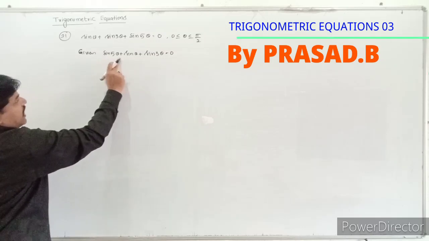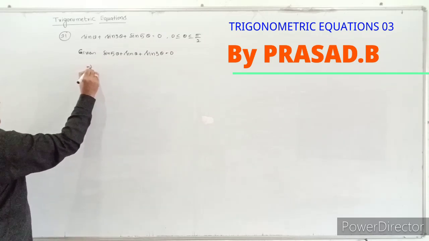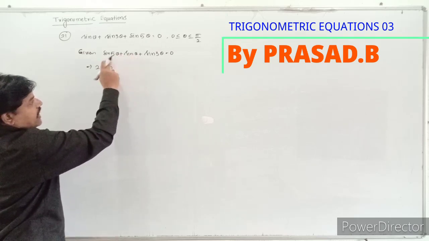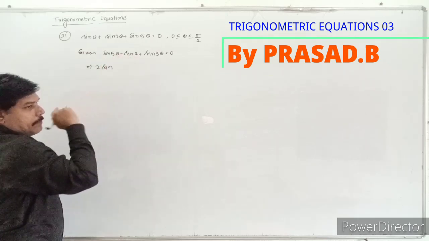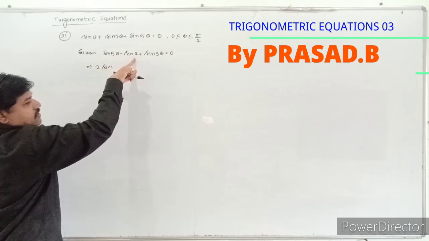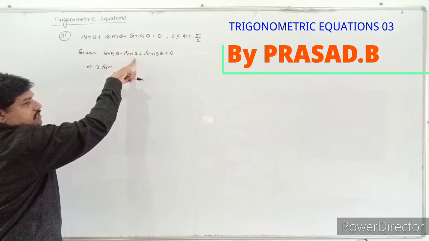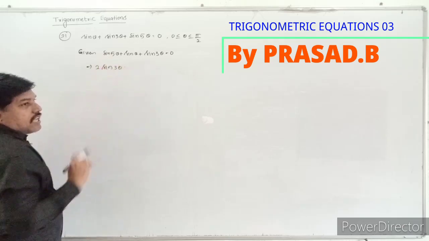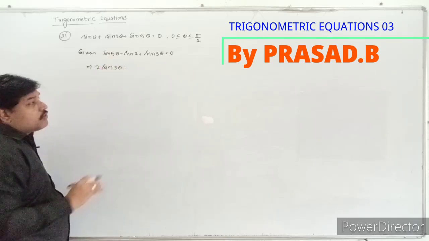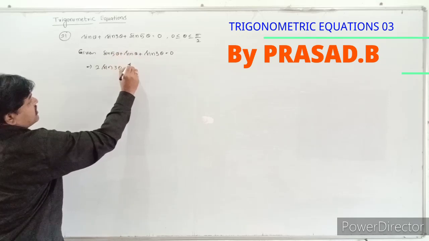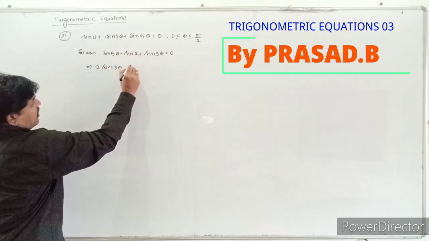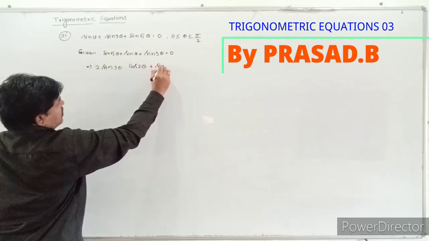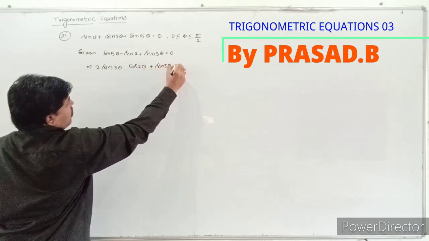It is in the form of sin C plus sin D. You can take it as 2 sin of (C plus D) by 2, that is 5 theta plus theta, 6 theta by 2, which is 3 theta, into cos of (C minus D) by 2, that is 5 theta minus theta, 4 theta by 2, which is cos 2 theta, plus sin 3 theta, equal to 0.